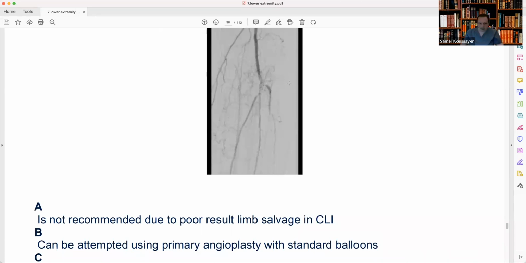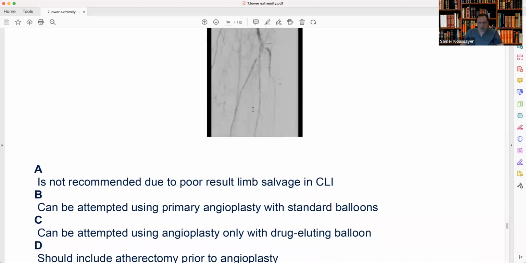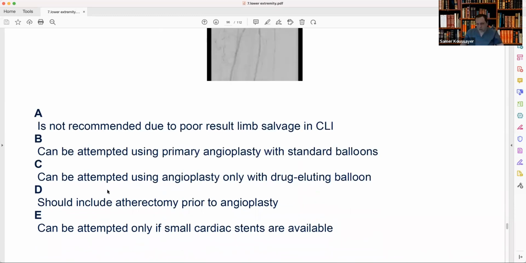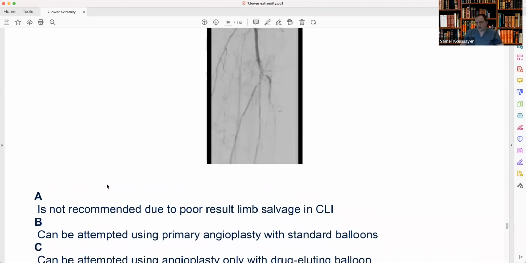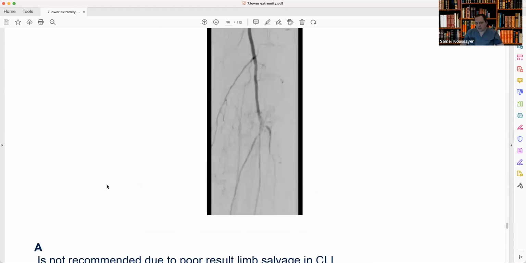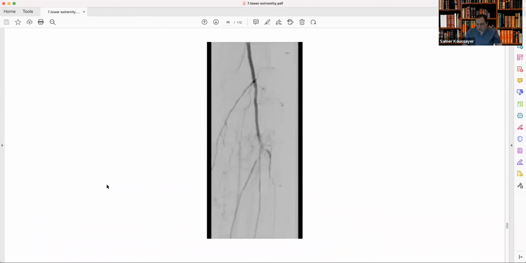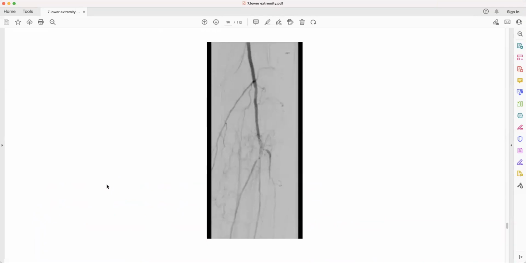But the question said it should include atherectomy, and that's why I said it's wrong. It can be atherectomy, but not should. Should means you have to do atherectomy? No, you don't have to. But I think maybe it is better, because it's a localized lesion.